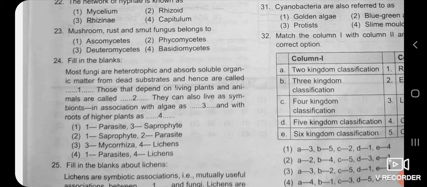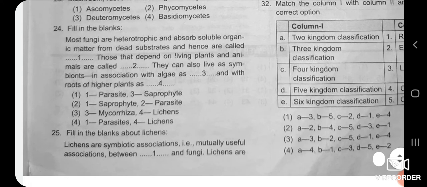Mushroom, rust, and smut fungus belong to? We have given the trick in our notes for each fungi, so you can easily answer this question. Mushroom, rust, and smut belong to Basidiomycetes. So these are the examples of the group Basidiomycetes of the fungi. Okay, now next question, fill in the blanks. What is the question? We will read it first.